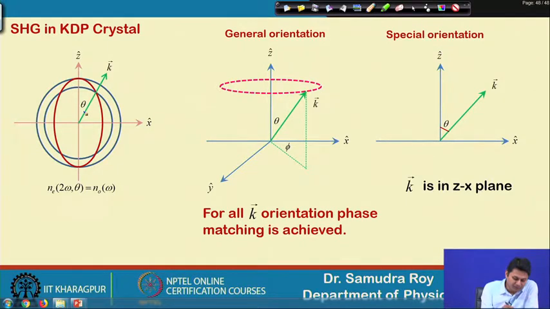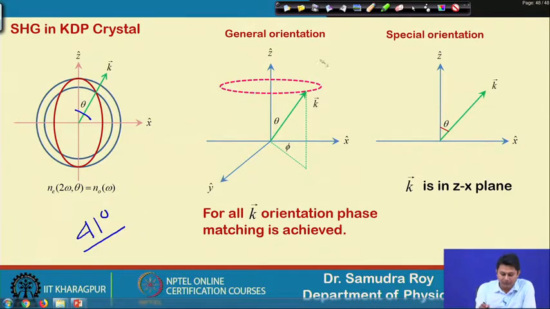So, here we find for KDP crystal 41 degree is the preferred angle along which the second harmonic is generated, but we never mention the orientation of the k, because k can be in the zx plane and k may not be in the zx plane, but still the angle might be 41 degree.